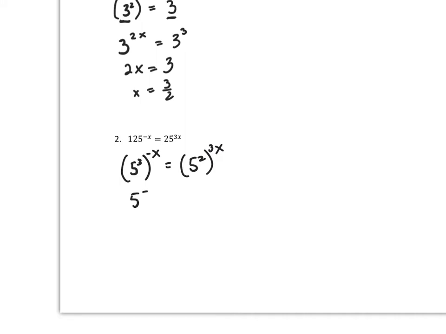That's 5 to the negative 3x equals 5 to the 6x. That's negative 3x equals 6x. Add 3x to both sides and you get 0 equals 9x. Divide both sides by 9 and we get x equals 0.